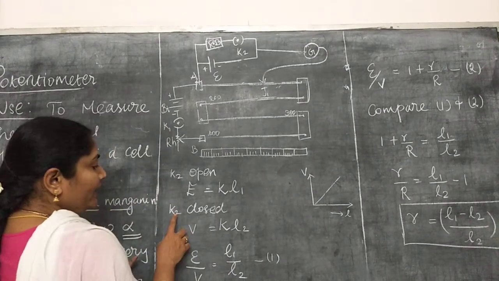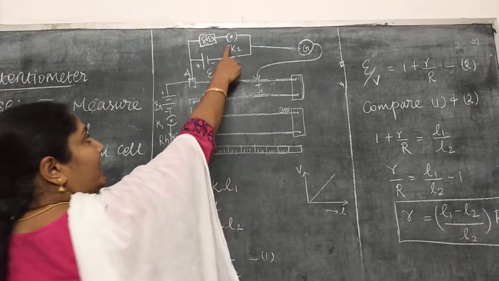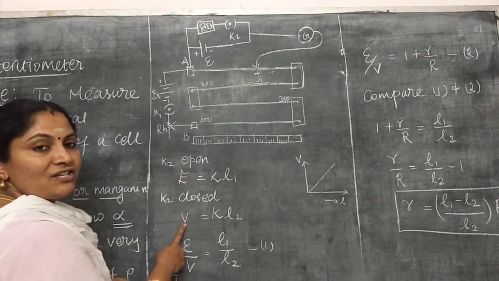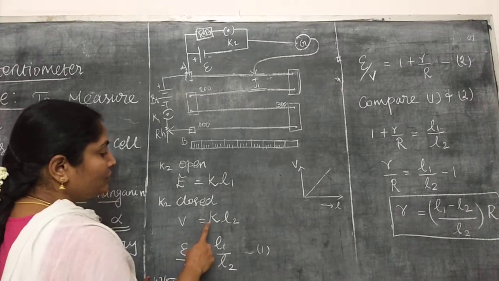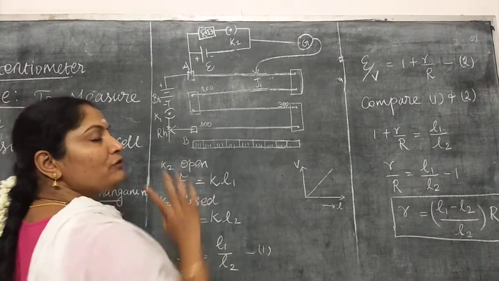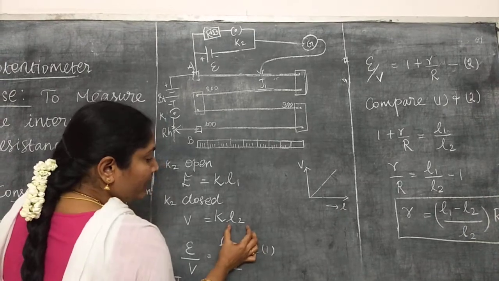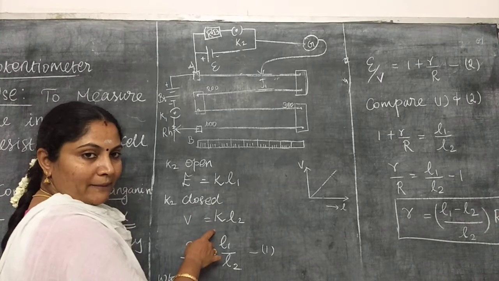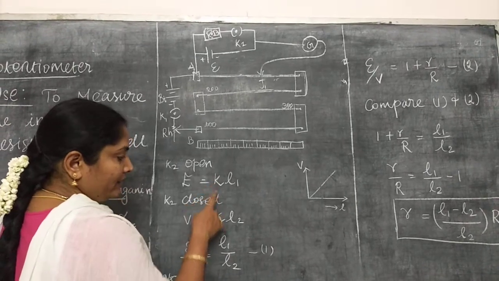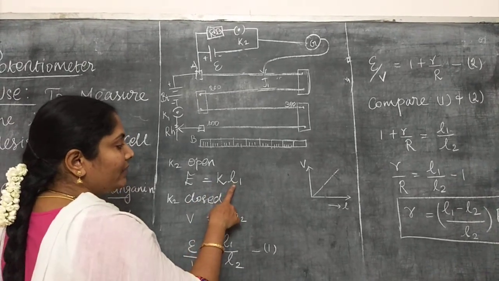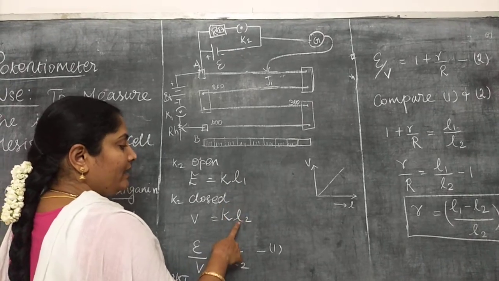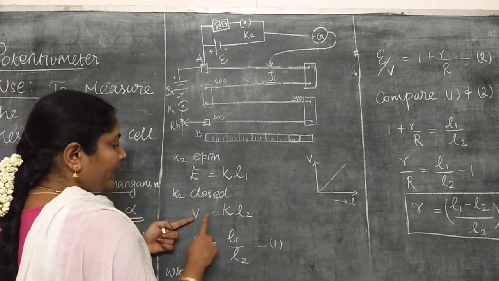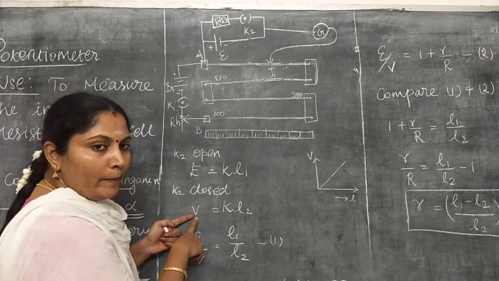If K2 is closed, the EMF becomes the potential difference, which is equal to K L2. At that time also we have to measure the balancing length. That balancing length is said to be L2, but the K value remains the same. Here also we use K, but the balancing length is L1 when K2 is open, and when K2 is closed, the balancing length is L2. At that time we measure the potential drop.